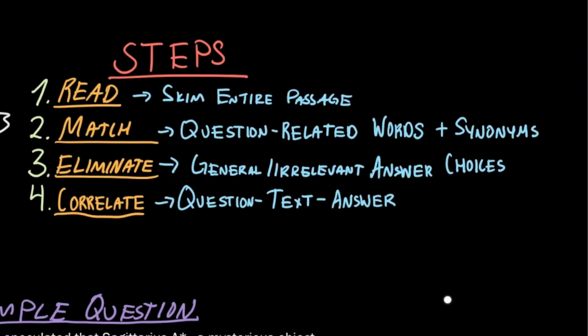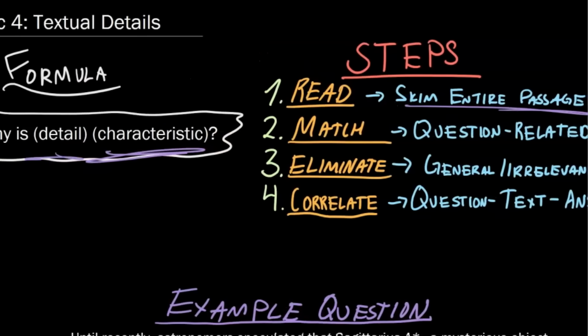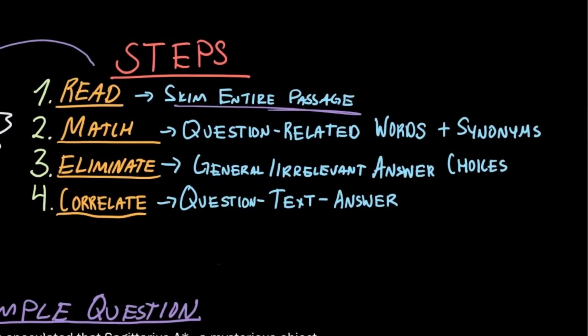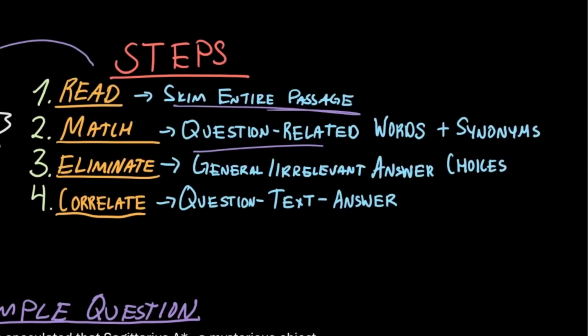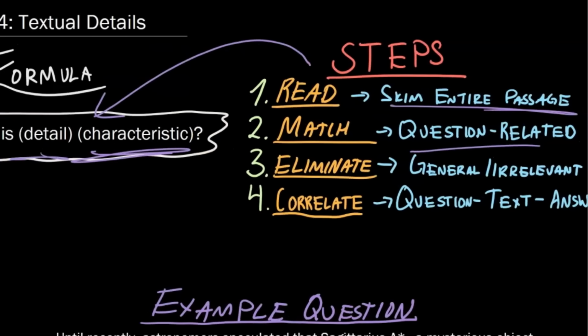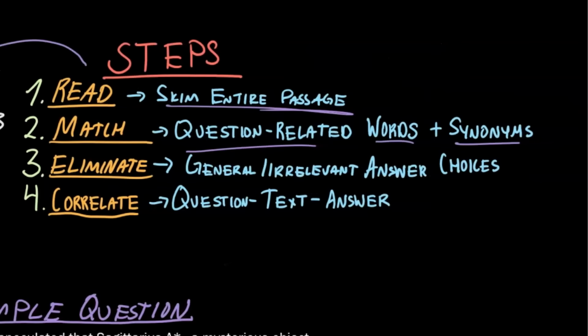Let's take a look at some steps on how we can solve these types of problems. First thing we want to do is skim the whole passage, especially the portions that may relate to the detail. Then we're going to match some question-related words and synonyms. The question is going to have this detail, this characteristic, right? What are some synonyms of this characteristic that might pop up in the text?